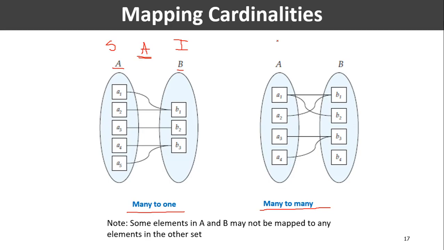So I hope you must have understood these concepts. So overall there are 4 kinds of mapping cardinalities: one-to-one, one-to-many, many-to-one, and many-to-many, right.